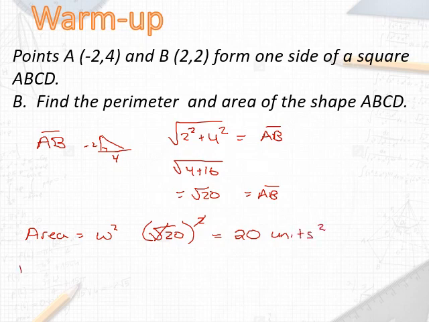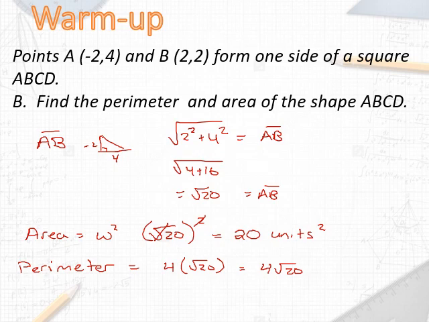The perimeter, on the other hand, property of a square, we know all sides are congruent. There are 4 sides in a square, so it's going to be 4 times the square root of 20. So if we were leaving this in radical form, we would say it's 4 root 20, but we'll put it in our calculator, we'll round just to get an actual definite answer.